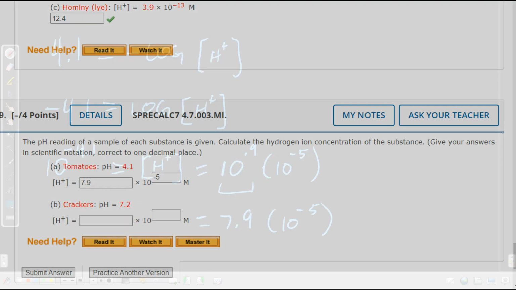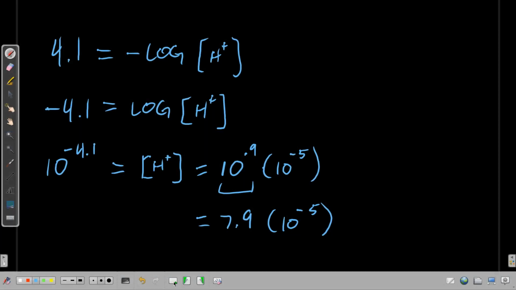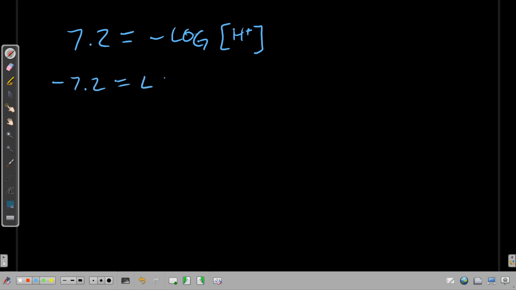Okay, and final question for crackers. pH is 7.2. So 7.2 has to equal minus log of the hydrogen ion concentration. And so that means that minus 7.2 is just log of the hydrogen ion concentration, in which case 10 to the power of minus 7.2 is the hydrogen ion concentration.